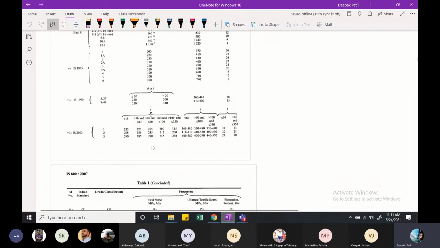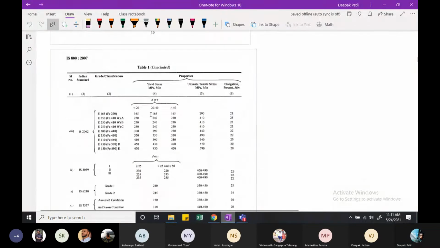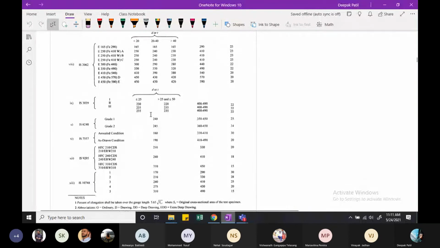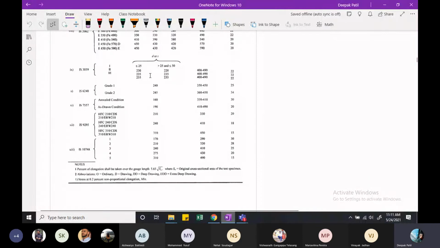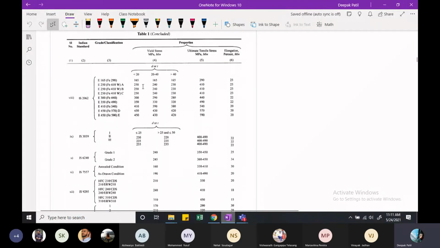You can see here. So when your thickness of flange for an E250 grade steel, because we will always be using E250 grade steel, just highlight that.